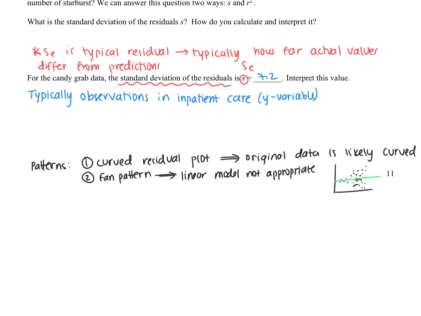So typically observations in the Y variable differ by 7.2, whatever the units are. I don't know what the units are. From the predicted inpatient care. So typically observations in Y, the actual Y, differ by 7.2 from the predicted Y.